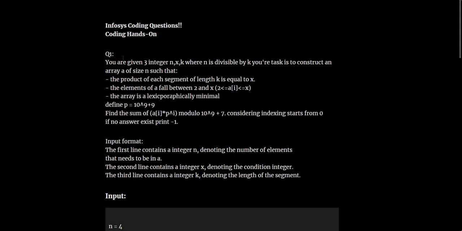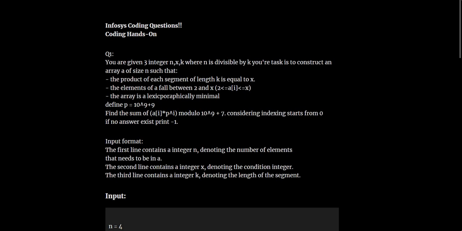So this is mentioned in the first condition, and later they have defined p is equal to 10 raised to 9 plus 9, and you need to find the sum of array of i into p raised to i modulo 10 raised to 9 plus 7, considering the indexing starts from 0, and if no answer exists, then you are supposed to print -1.